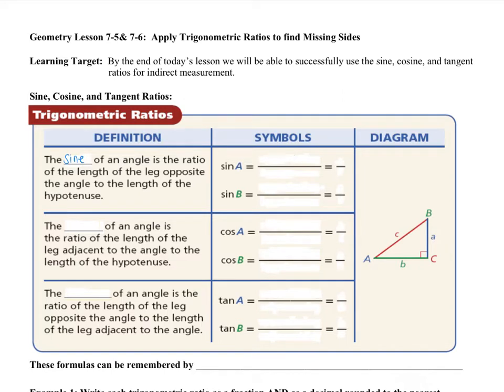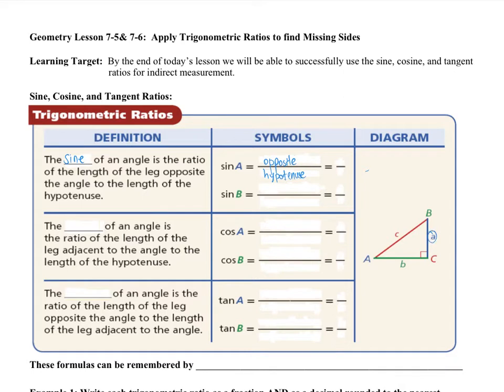The sine of an angle is the ratio of the length of the leg opposite the angle to the length of the hypotenuse of a right triangle. So I will write opposite over hypotenuse.